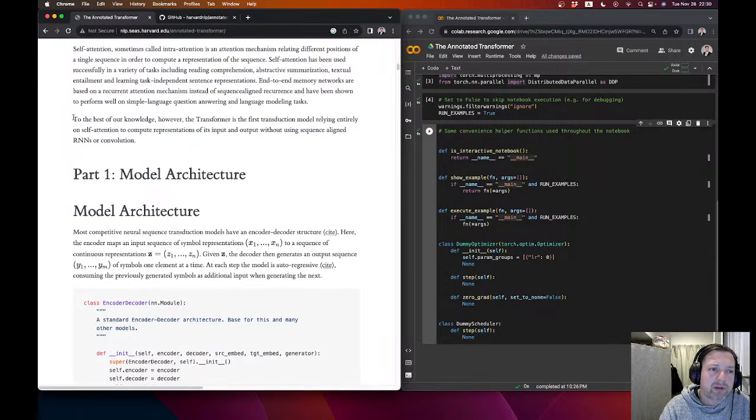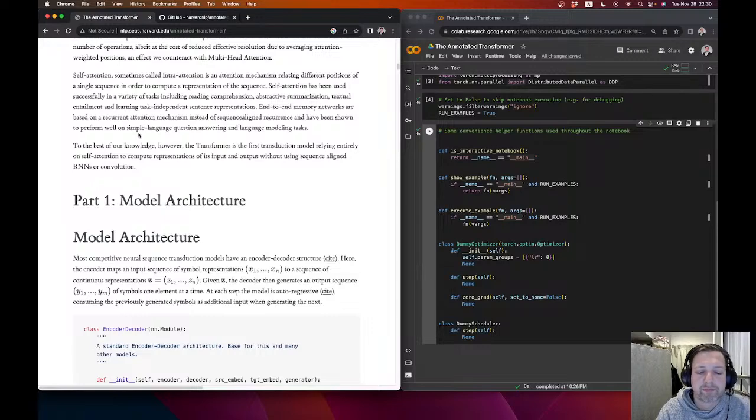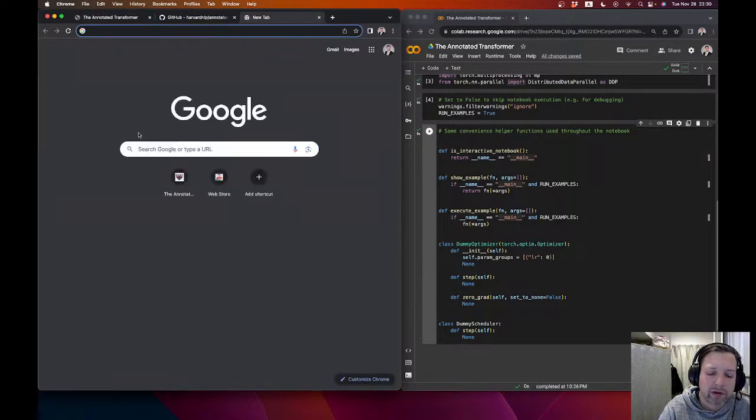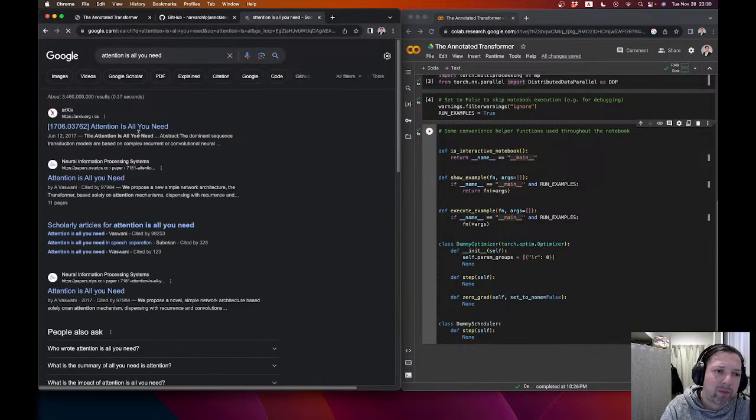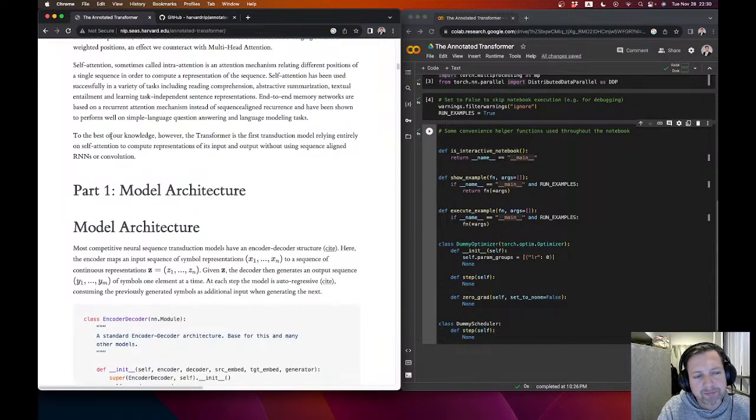I mean, maybe a comment that can be made here is, this paper is from, it says 2016, I think. '17 maybe.